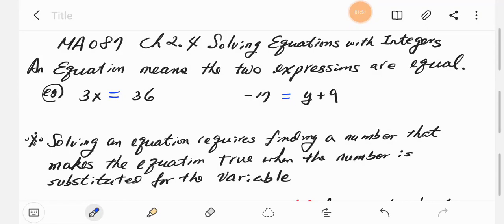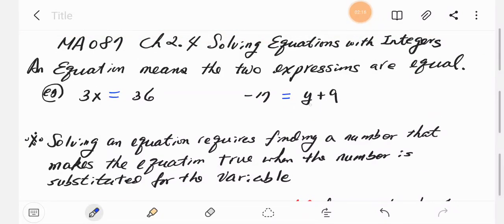How about if x equals 12? Then 3 times 12 is 36. So the result of 3x is equal to the right side, 36. Then the value 12 is the solution for x. On the right side, look at y.